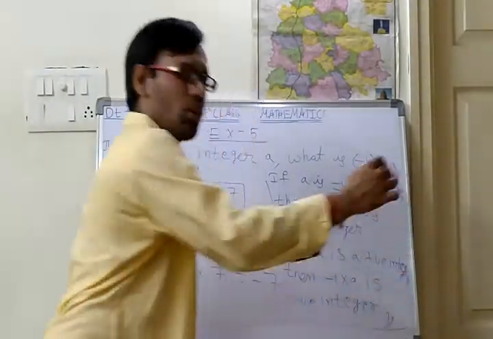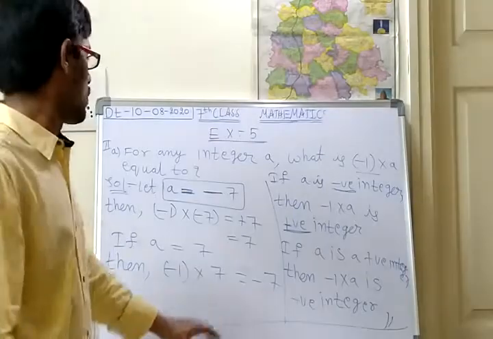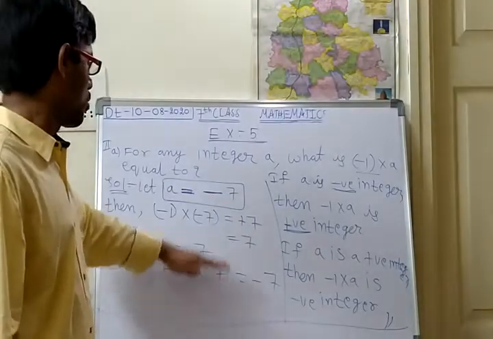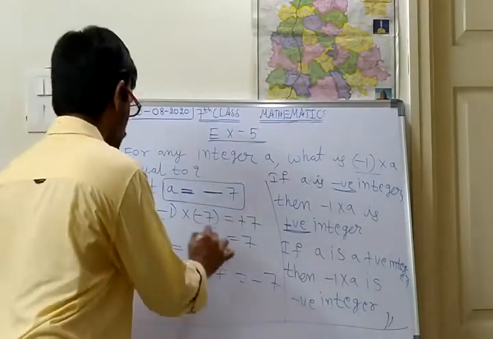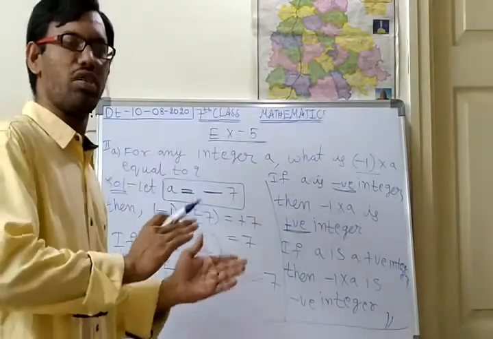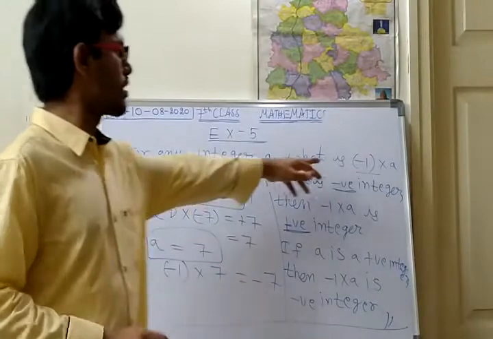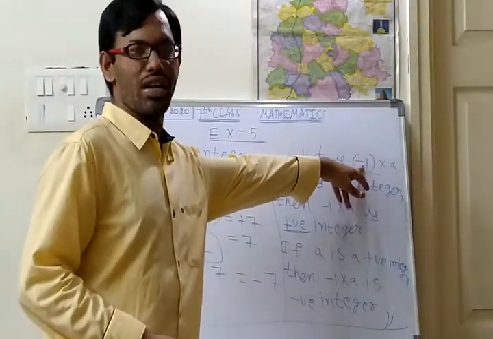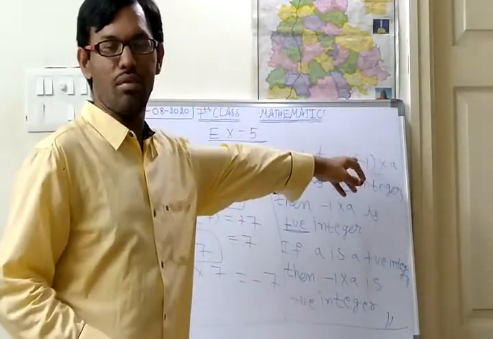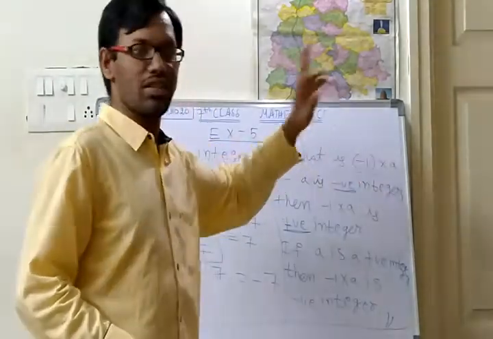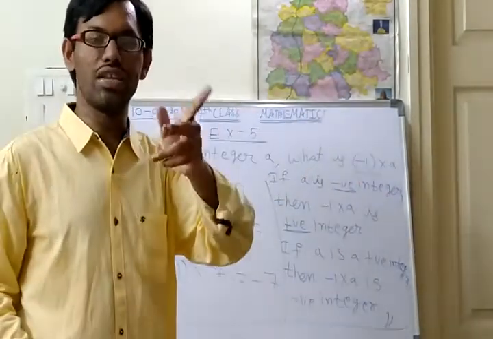I hope you are understanding this one. So here there are two assumptions. Whether a is a positive integer or a negative integer, there will be changes, because whatever we are taking, minus 1, is a negative number. So minus into plus is a minus, and minus into minus is plus.